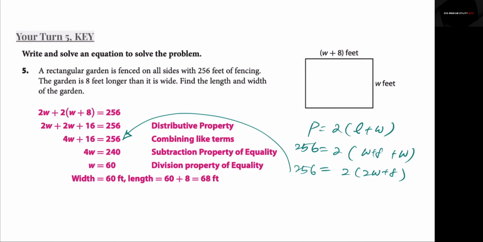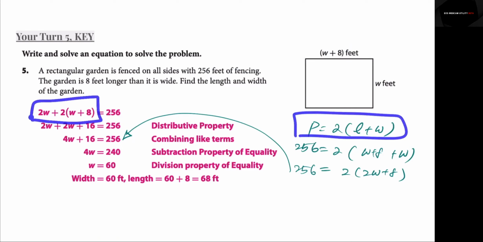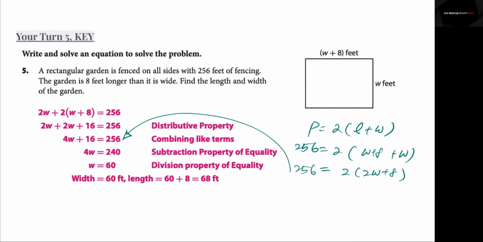The way I did it is I like to think of perimeter as twice the L plus W. Once again, this is no different from this, but just ever so slightly quicker, right? So we know that the perimeter is 256, and the width, according to that, is W, and the length is W plus 8. I just plugged it in, and then it simplifies right here.